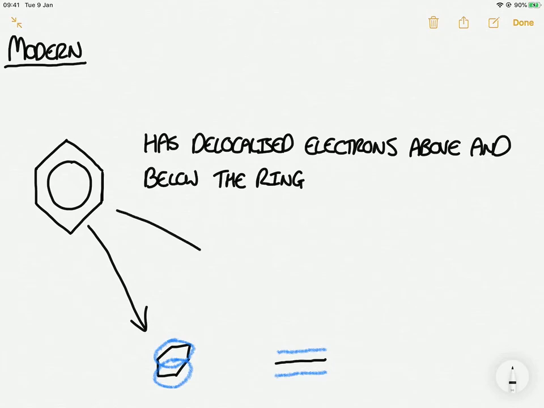If you take that structure and you turn it completely 90 degrees, right, you will just see this, as if you could just view it, but the idea is that you would have electron density above and below the ring. And that's represented just by this circle, right? You don't ever draw it the way that I have done down here. That's just to try and explain that the electrons are above and below. If you're interested in this and you want to know more, you can read a little bit about pi bonds in alkenes. That will help you understand a little bit, but I'm not going to go into it any further because you don't need it for A-level.